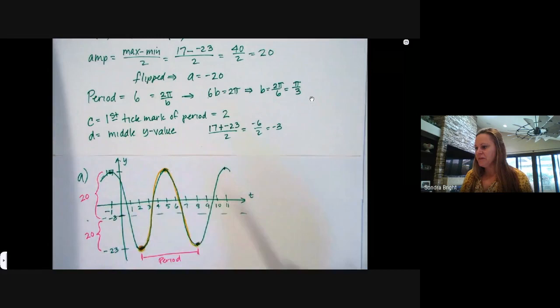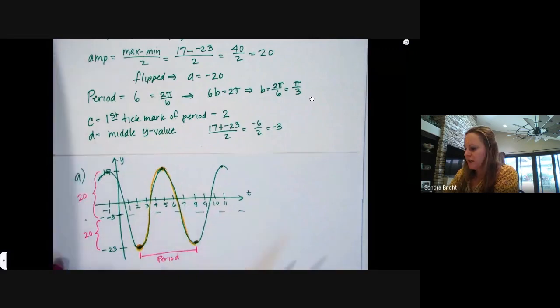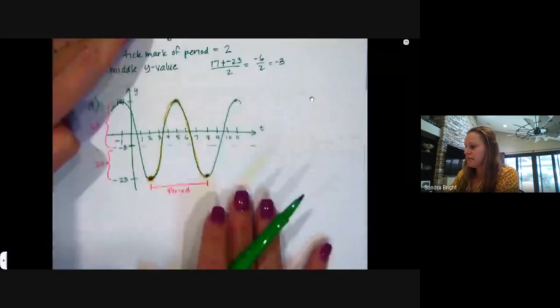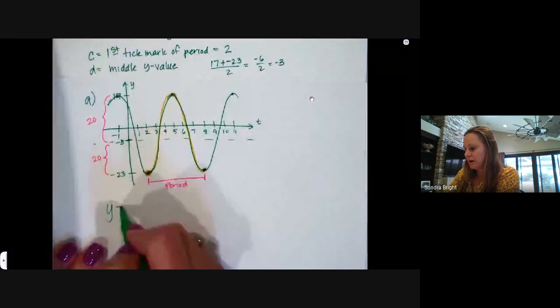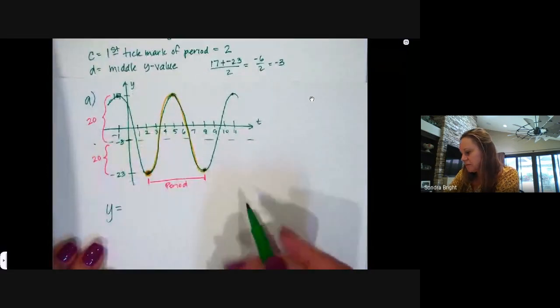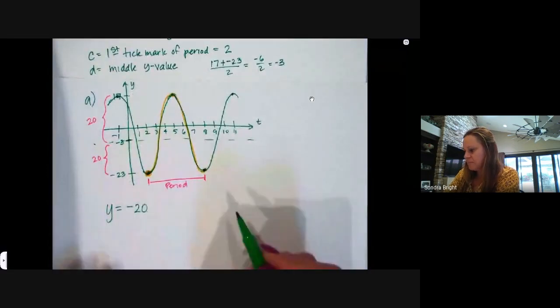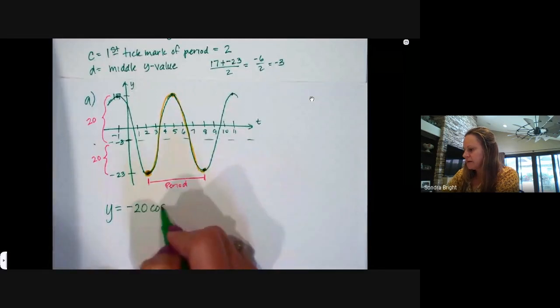Okay, so now that we know A, B, C, and D, we can write this. Again, I chose cosine because of the values they gave me. And so your equation will be y equals A, which we said was negative 20, times cosine of B. I guess I should have written it.